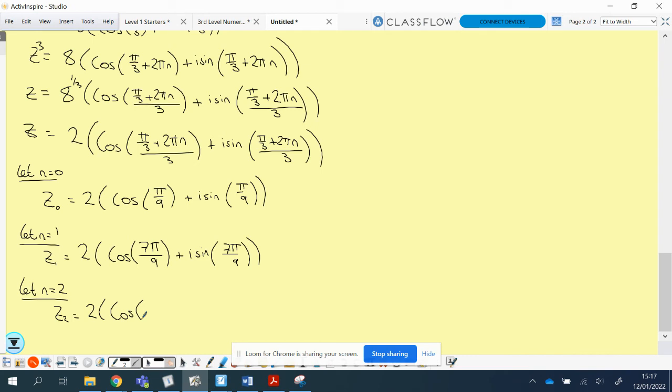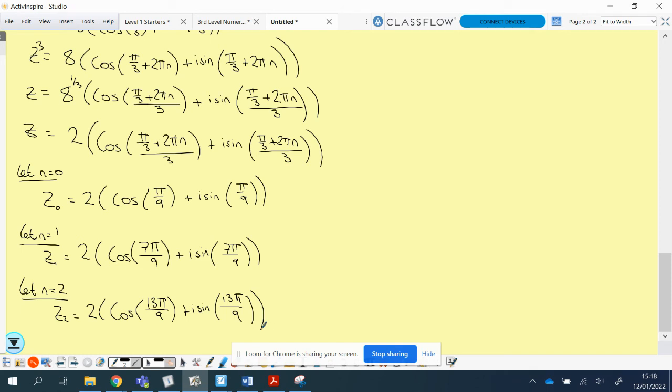If I add another pi over 3, that's 13 pi over 3. Divide that by another 3, that's going to be 13 pi over 9, plus i sine 13 pi over 9. Now that is the answer, but you'll maybe notice that the argument has now become bigger than pi, hasn't it?